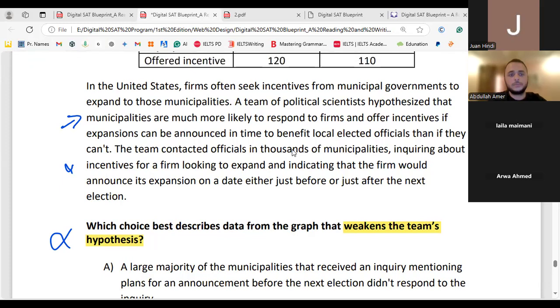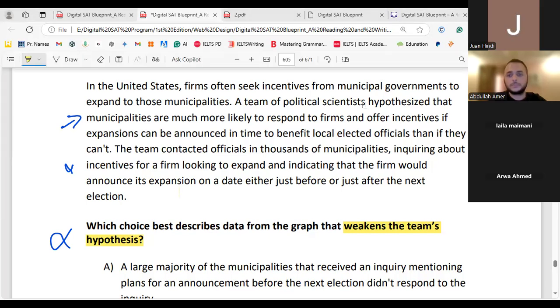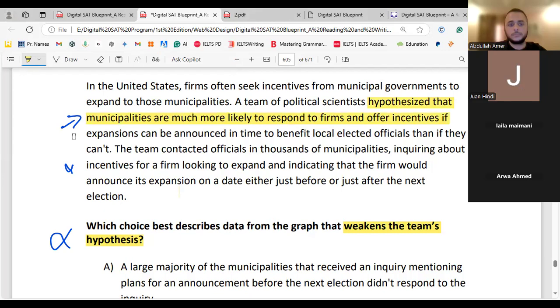I think I muted you by mistake. I'm sorry. Yes, go on. I think it's on the second line where they say a team of political scientists hypothesized that municipalities are much more likely to respond to firms and offer incentives if expansions can be announced in time to benefit local officials than if they can't. Exactly.